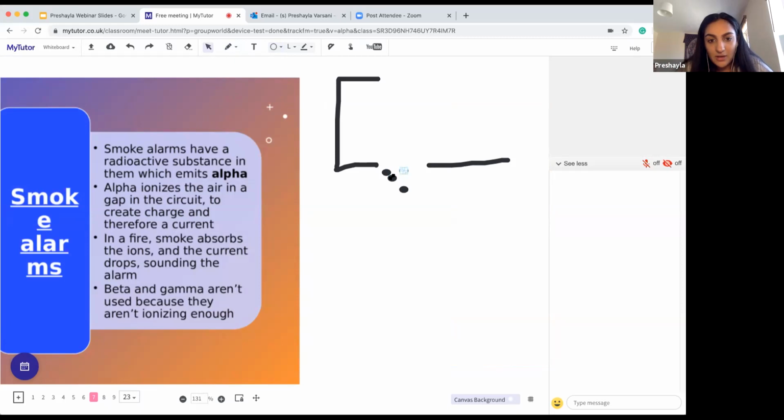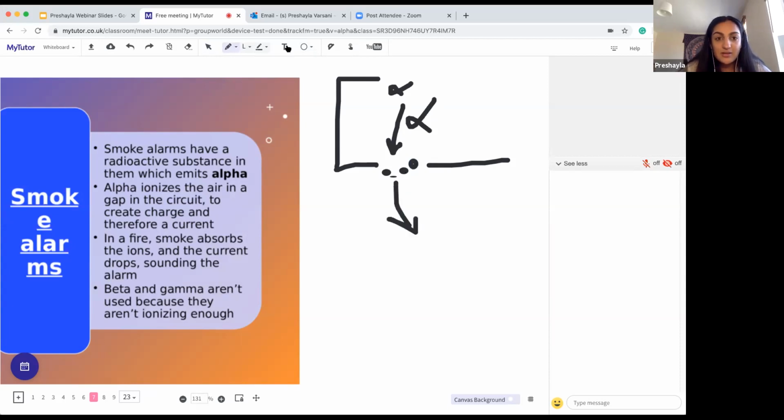Then alpha comes along from our source, and it hits these atoms. Now remember, alpha hitting an atom makes it ionized and creates charged particles. So our atoms now turn into ions.